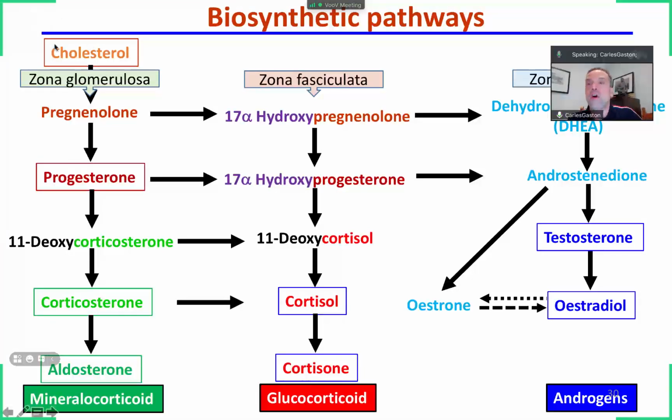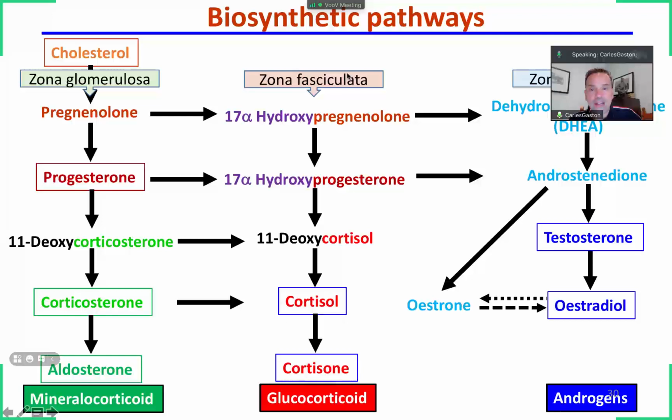So cholesterol, in the zona glomerulosa, which is the top layer, is converted into pregnenolone, and then into progesterone. Then deoxycorticosterone, corticosterone, and aldosterone, which is a type of mineralocorticoid, are produced in the zona glomerulosa.